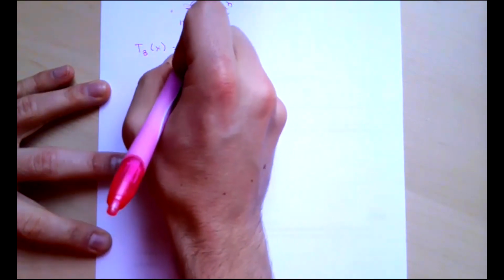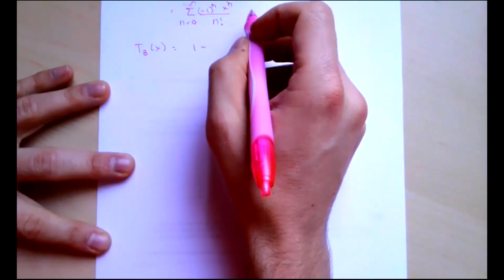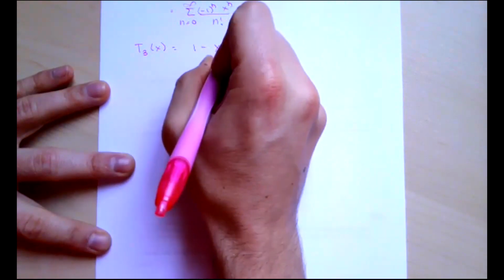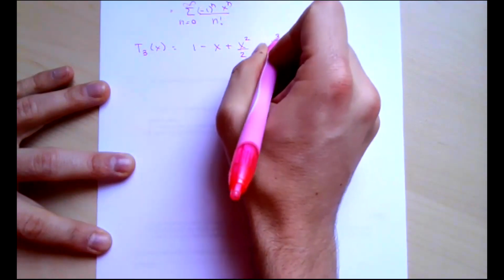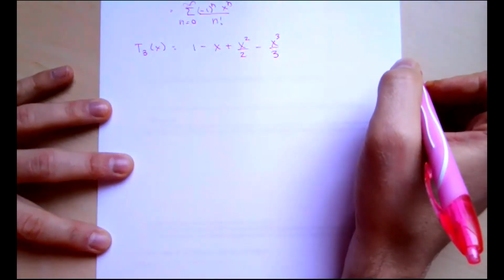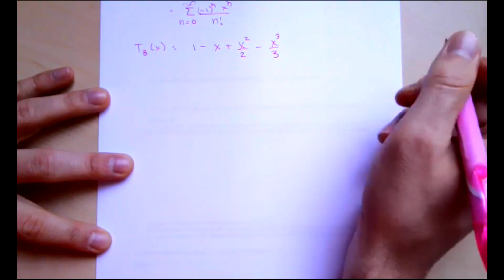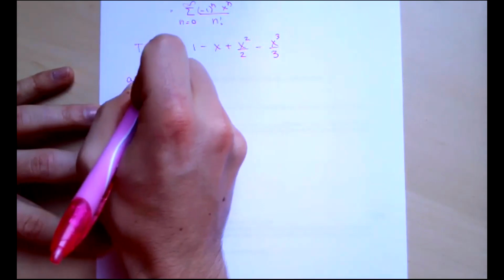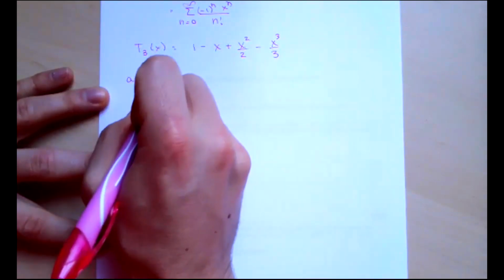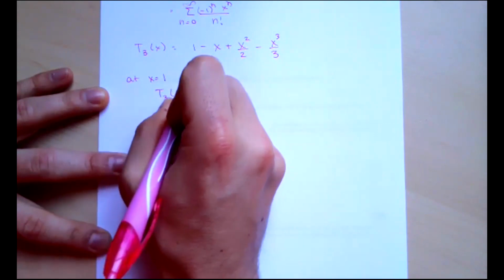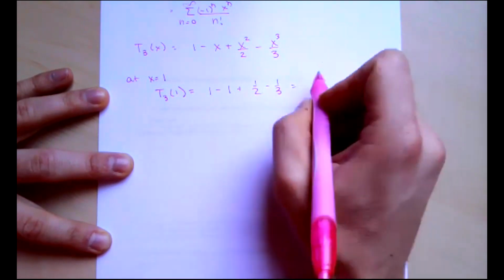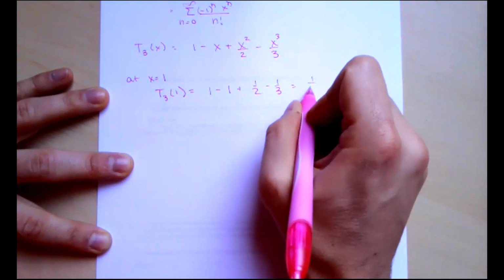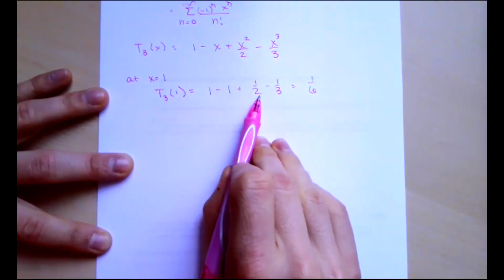So we will have 1 minus x plus x squared over 2 minus x cubed over 3. And then we want it at x equals 1. When we evaluate it, 1 minus 1 plus 1/2 minus a third. And it looks like we get a sixth. So the ones cancel. 3/6 minus 2/6 gives me 1/6.